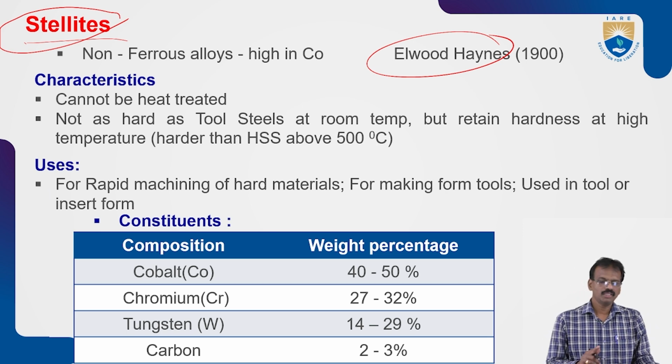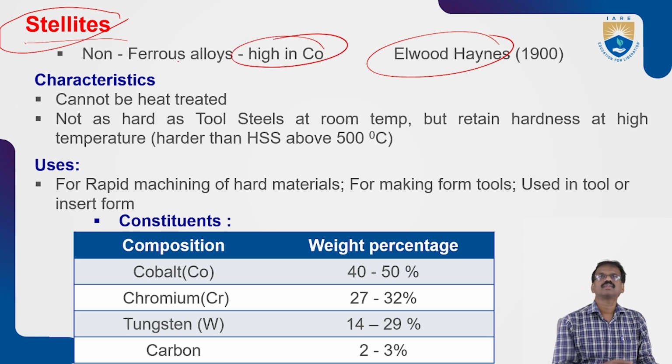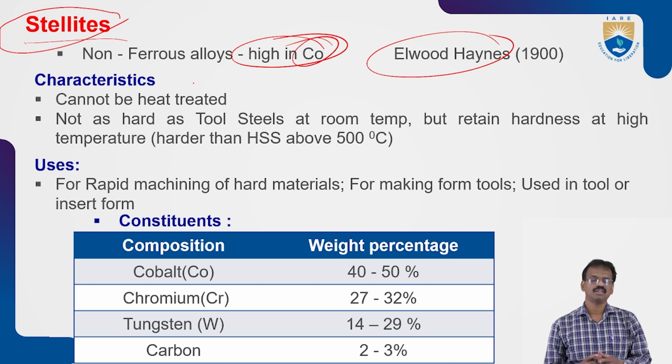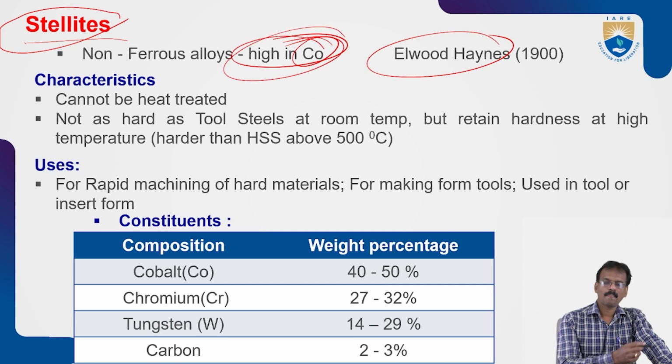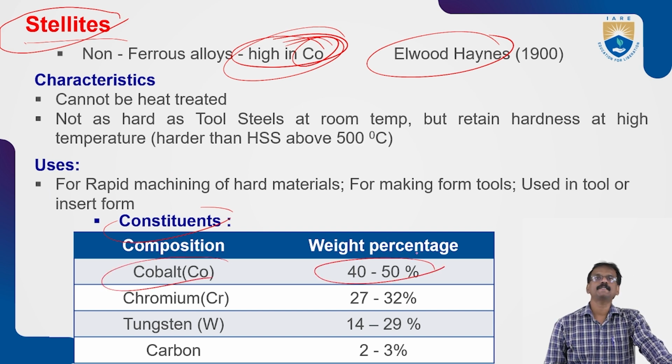Okay. So it is a non-ferrous alloy. The high percentage is the cobalt here. In the previous ones we saw all the tool materials belong to ferrous, but this one is a non-ferrous alloy. We'll see what the composition of this material is. Cobalt percentage is 40 to 50 percent, very high.